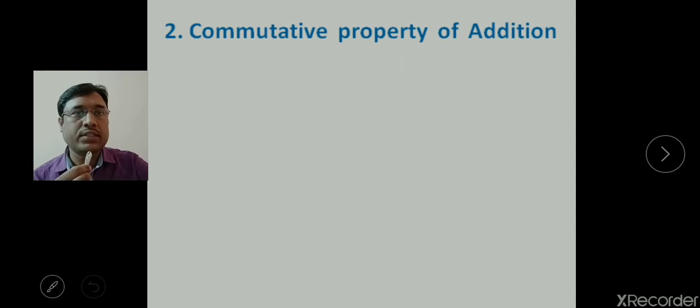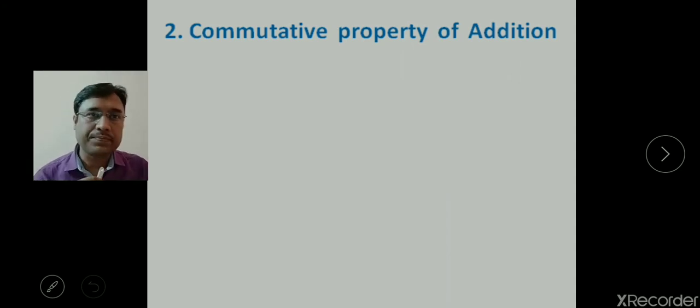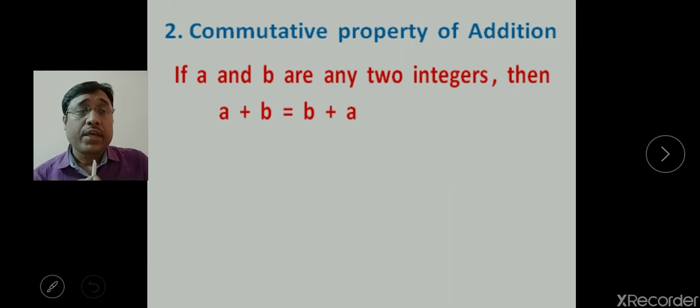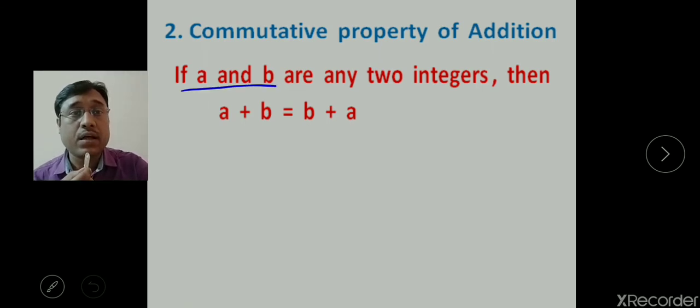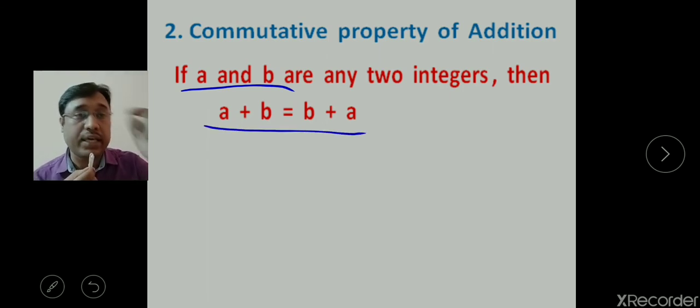Next we have the commutative property of addition. If we change the order of the numbers in the addition and their sum is still the same, then we can say that addition of integers follows the commutative property. We can write it this way: if A and B are two integers, then A plus B equals B plus A, meaning if you change the order of the numbers, their sum will be the same.